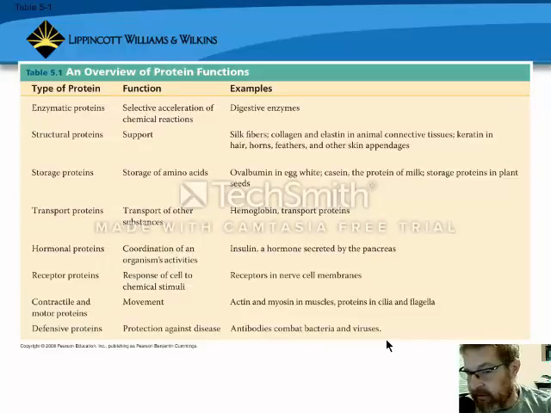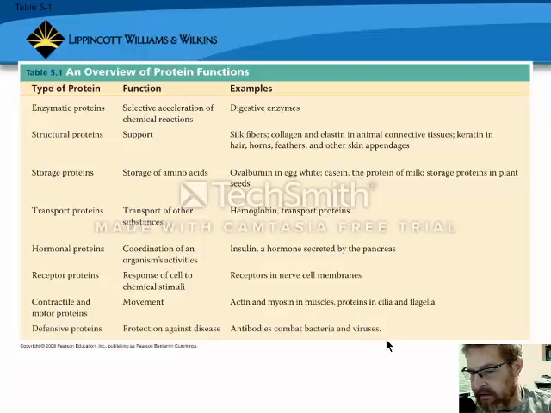And here are just some examples of different protein functions. We can have structural or enzymatic properties. We do have some storage proteins. A big category which we will learn later in the semester is our transport proteins.